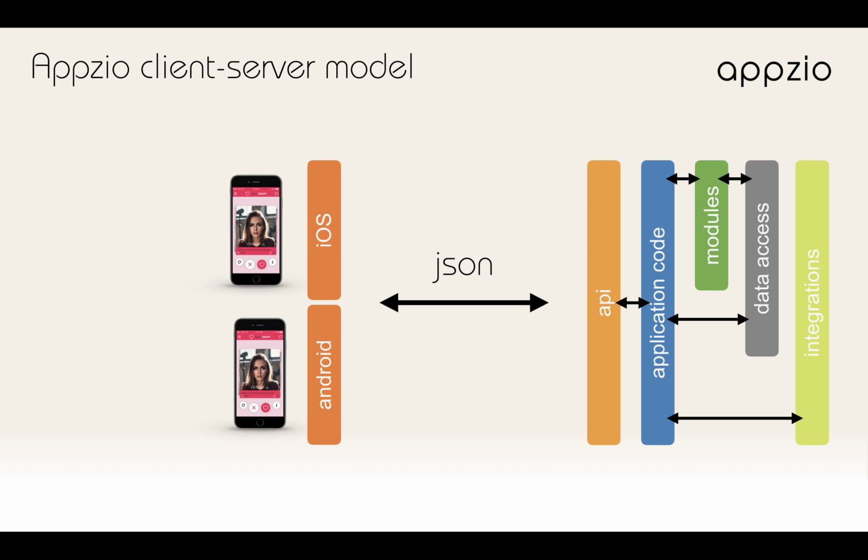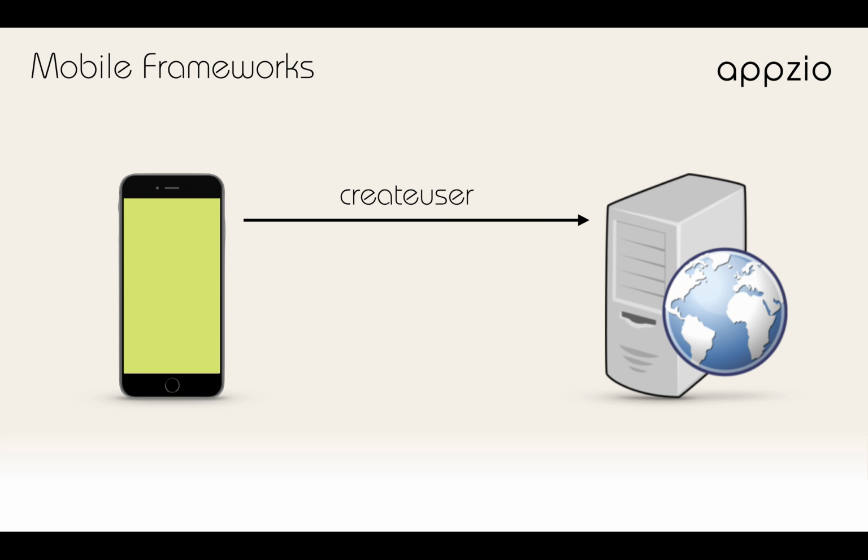You don't need to work on the client. Everything is built on the server, which gives us also a benefit that whenever we deploy changes, we don't actually need to update the client. The client will pick up the changes automatically. And this is the primary reason why developing apps on top of Appzio is so much faster than the traditional way.